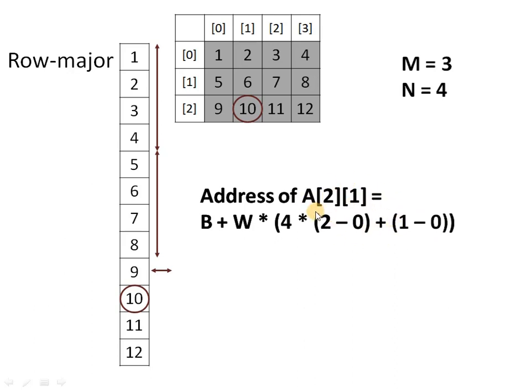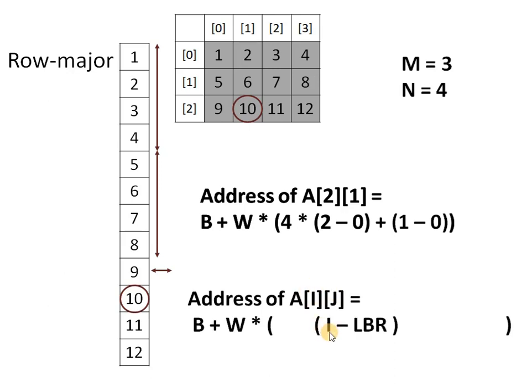If we generalize this, then to get the address of the element at index position I and j in row major order, we have to first skip I rows. So we have I minus lower bound for rows multiplied with the number of elements in each row, that is number of columns.